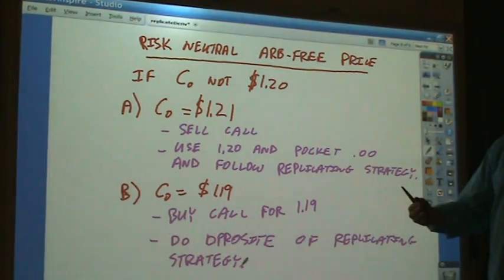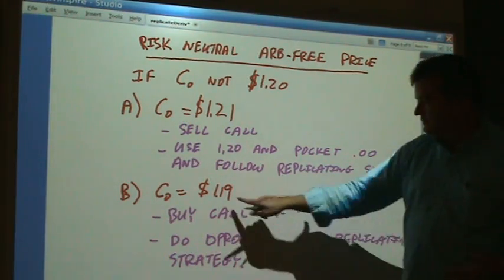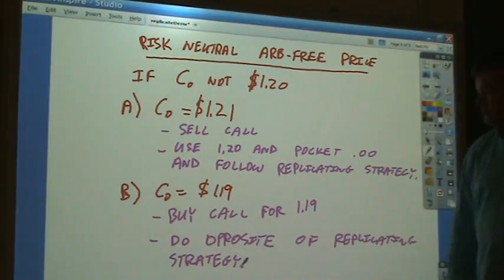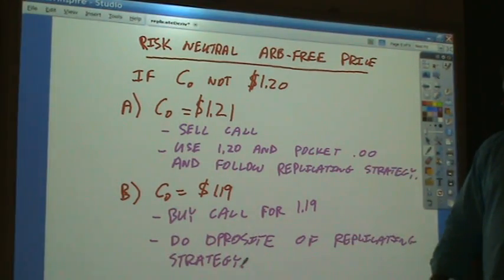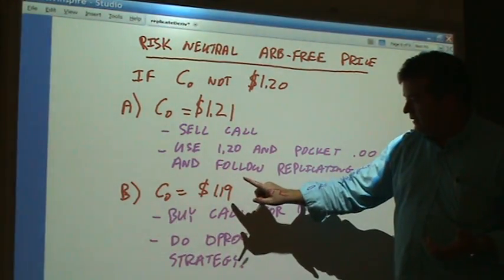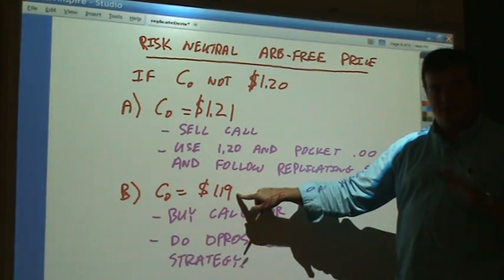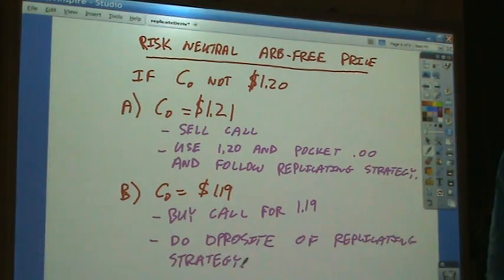So it would be like getting $1.20 in our hand today and being in the opposite position of buying the call. So it would have the same effect of paying $1.19 today and receiving $1.20 today, and no matter what happens in the future, we remain unchanged.